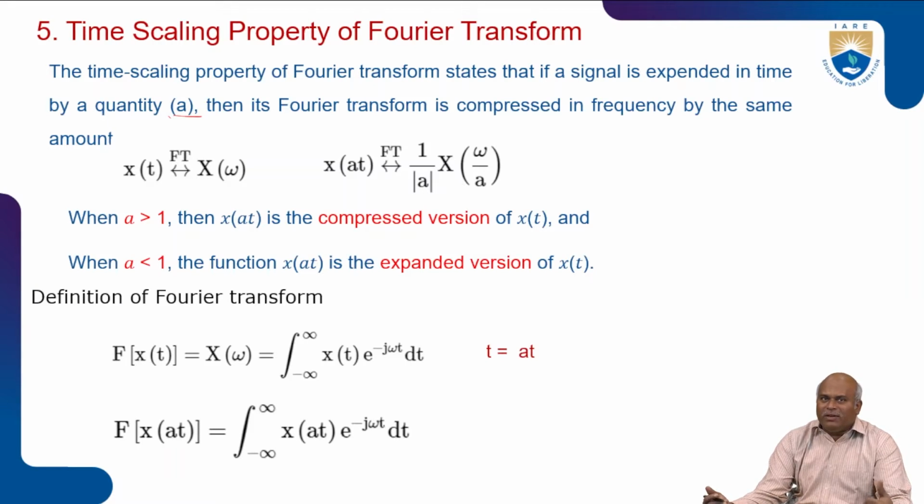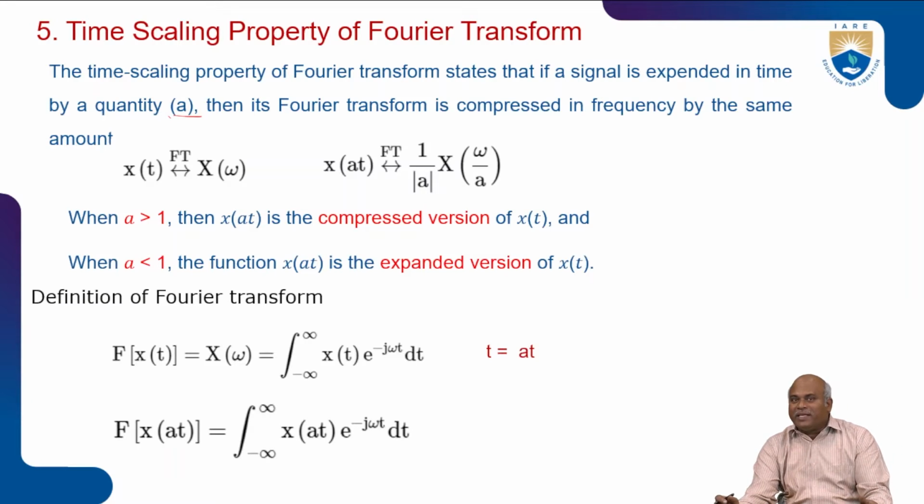Whatever scaling we multiply in the input time side, that much the frequency components are scaled in the output side. That is called the time scaling property of the Fourier transform.